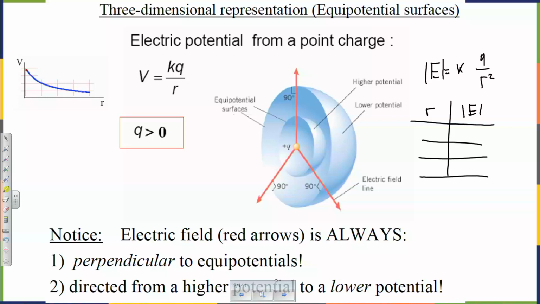Different strength means it changes. It changes means it is not uniform. The word uniform means it does not change. It's the same everywhere. Everywhere means literally everywhere. If you have two locations and electric field strength is different, that cannot be uniform by definition of the word uniform.